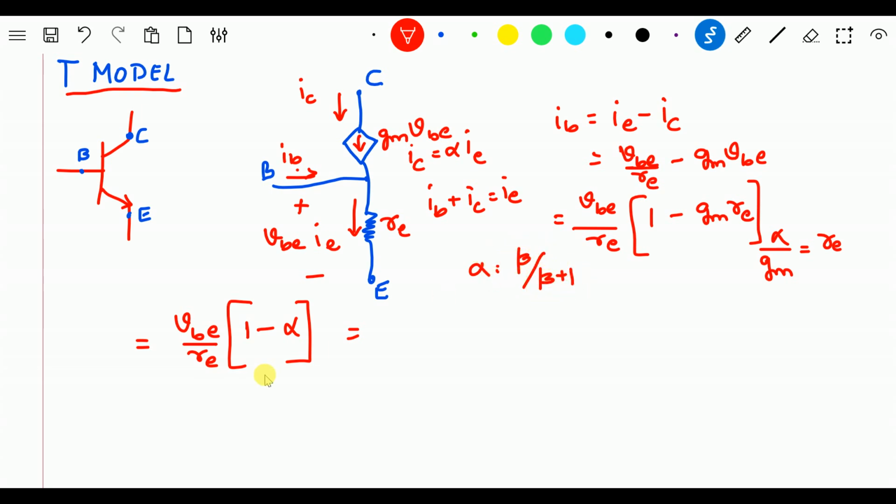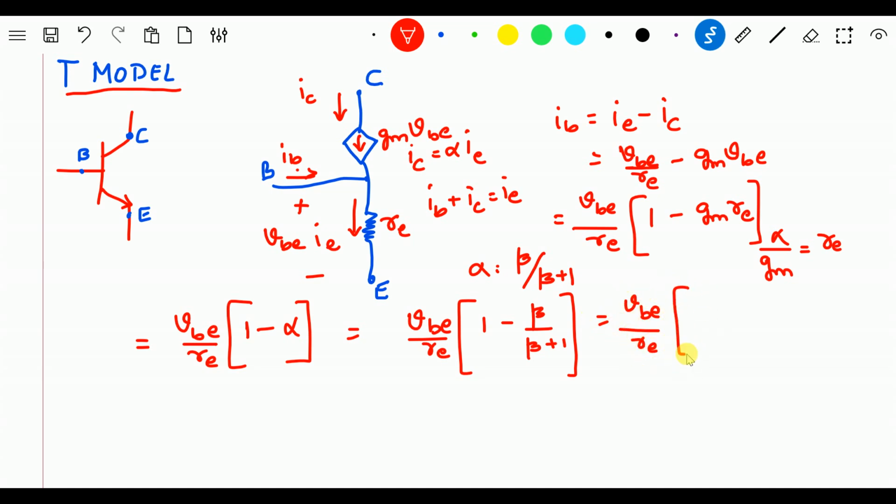If I substitute that in place of alpha, I get VB by RE into 1 minus beta divided by beta plus 1. And this will be equal to VB by RE into beta plus 1 minus beta, which is 1, by beta plus 1. So 1 by beta plus 1.